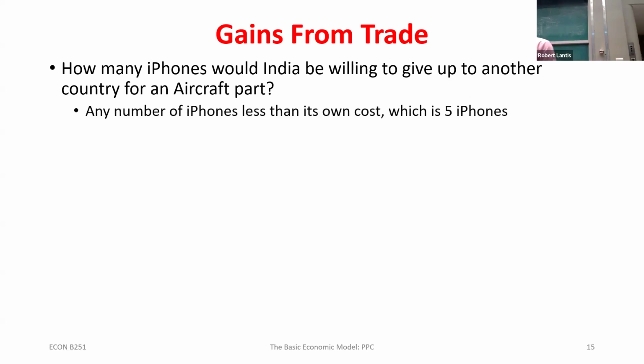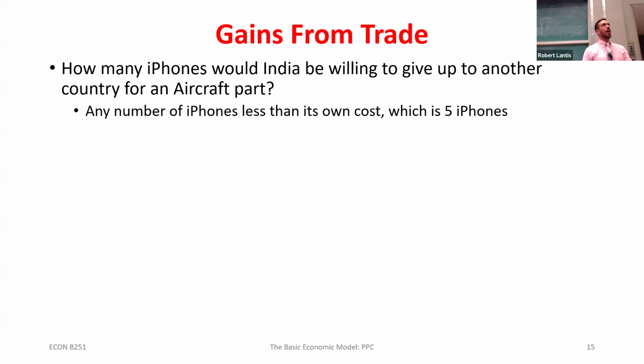So if we think about our example, we said the cost of one aircraft part to India was 5 iPhones, the cost to the US was 2, right? So for India, they're okay paying the US for an aircraft part any number of iPhones less than 5. Because if they wanted to produce an aircraft part on their own, they'd have to give up producing 5 iPhones.